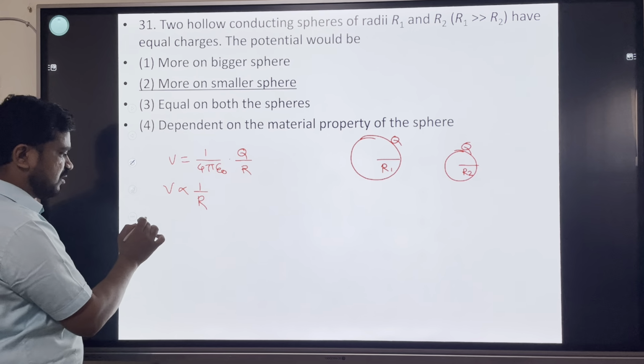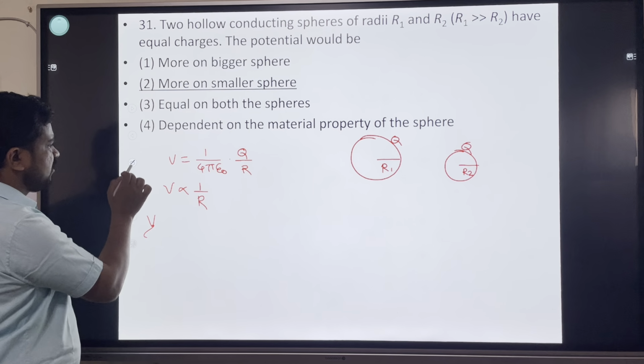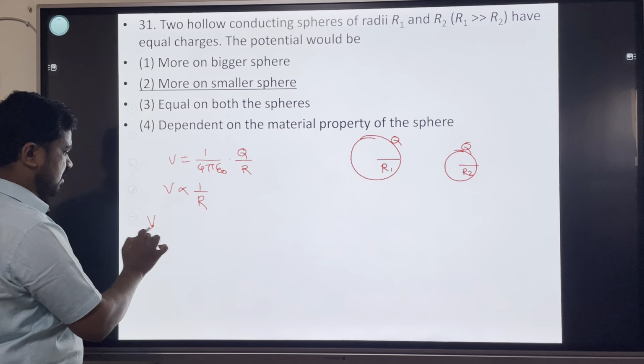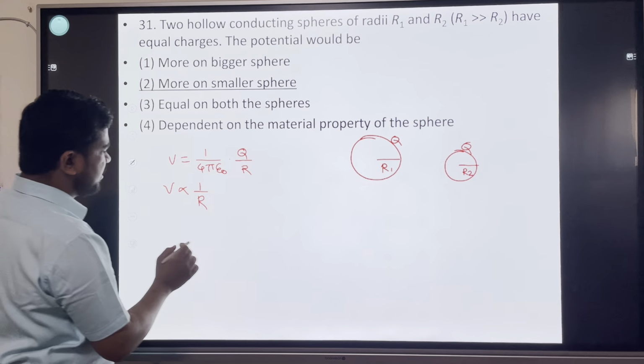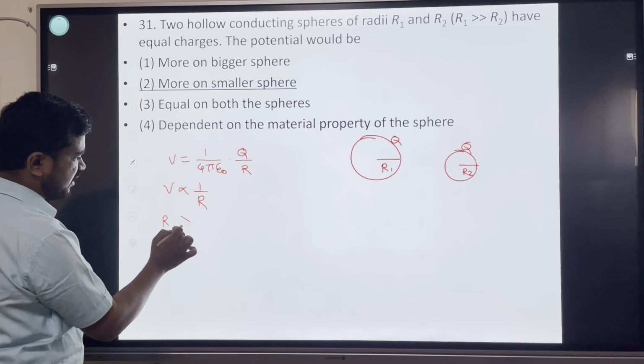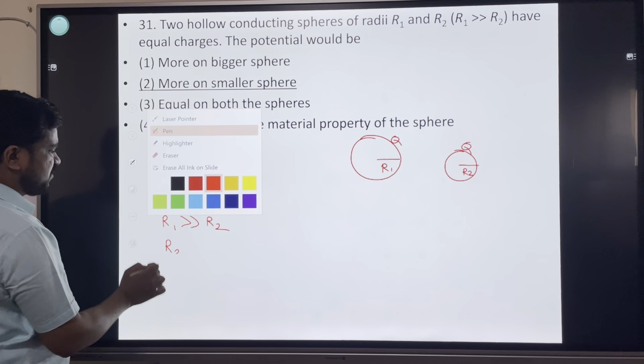Potential is inversely proportional to r. So the radius of sphere 1 is more. Potential of sphere 2.